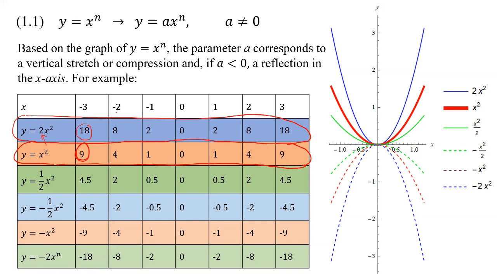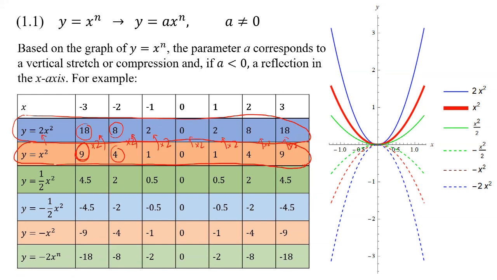And when x is minus 2, the original function is 4, and the new function is twice the original value, which is 8. And when x is minus 1, again, the original function is 1, and the new function is twice the original value, right? So this also applies to the rest of the sample points here.